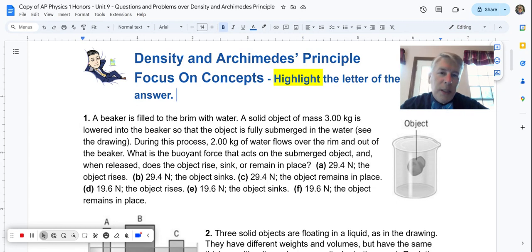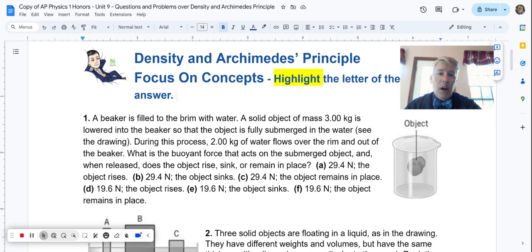Archimedes Principle stems from the idea that when you place an object in some fluid, it doesn't have to be water, just any kind of fluid, it will displace its volume of fluid. However, if you find the mass of that displaced fluid, that'll be equal to the buoyant force.